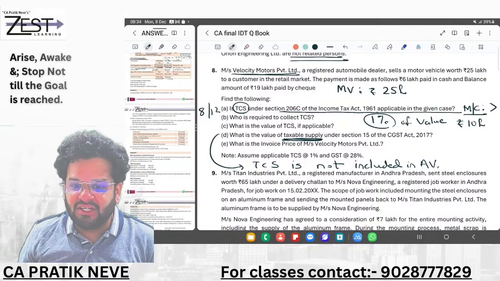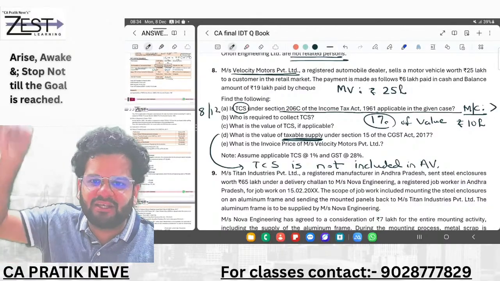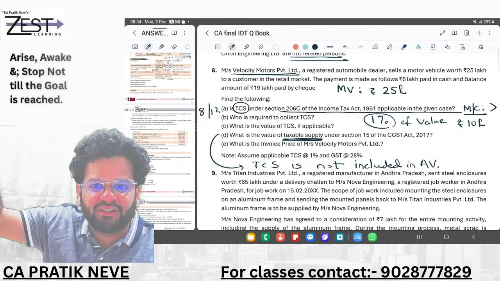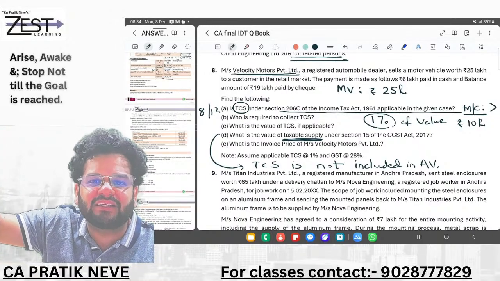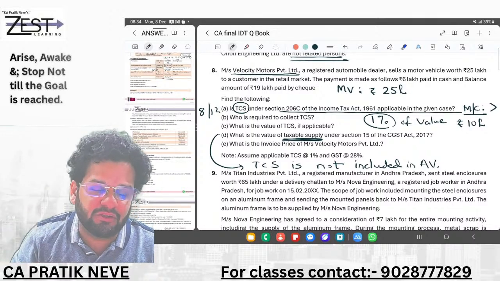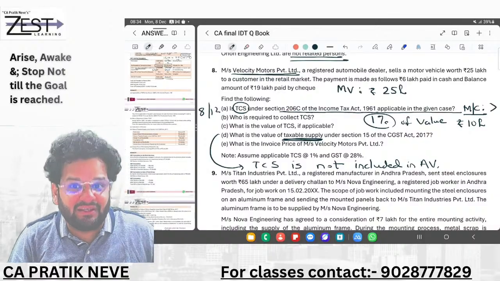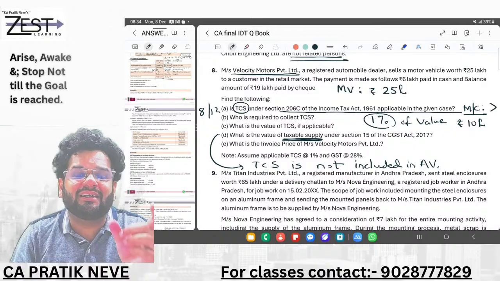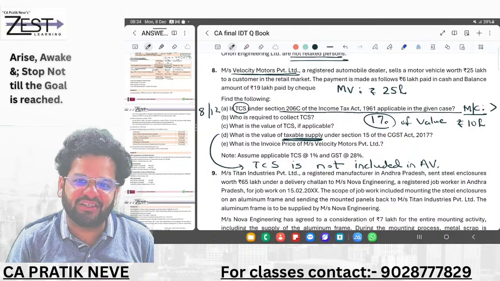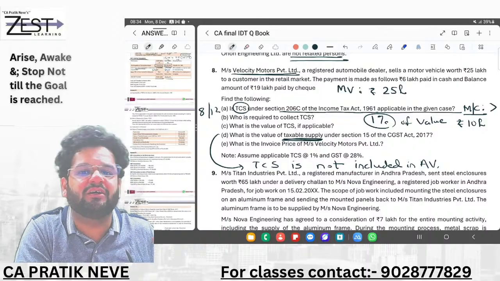What happens? Shopkeeper collects this 1% from you and pays to the government. And government puts it in your income tax account. Meaning to say, when you are the purchaser of this car, when you will go ahead to file your ITR, then you will get credit of this tax.